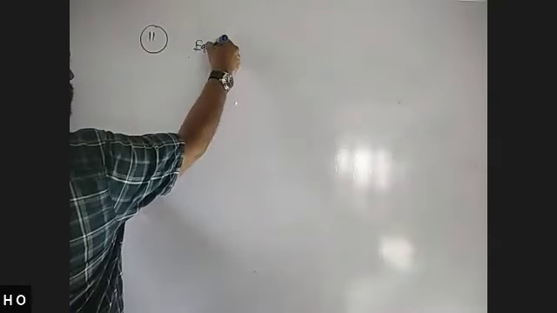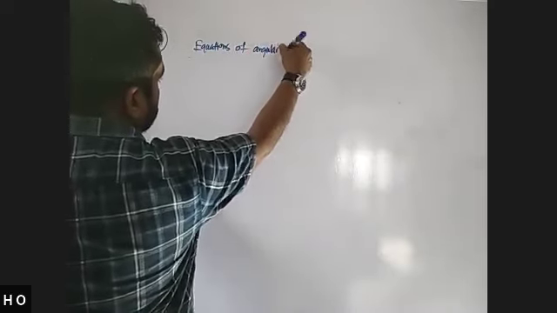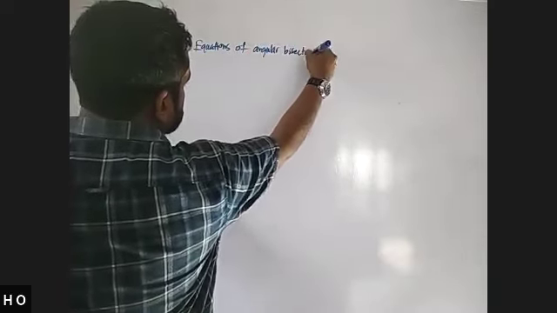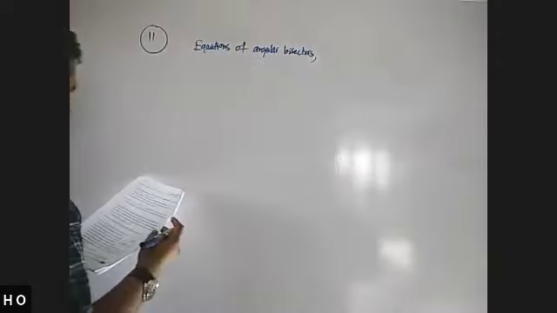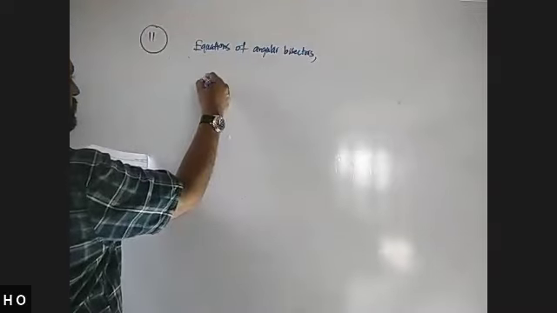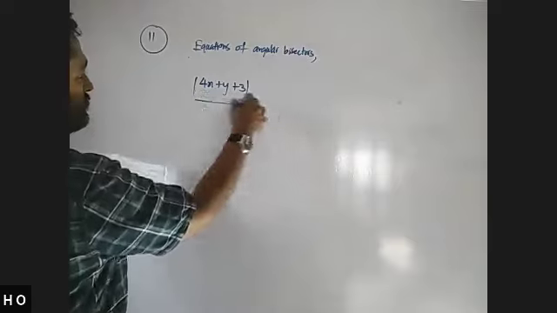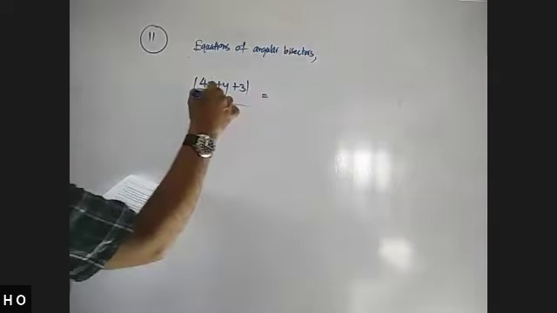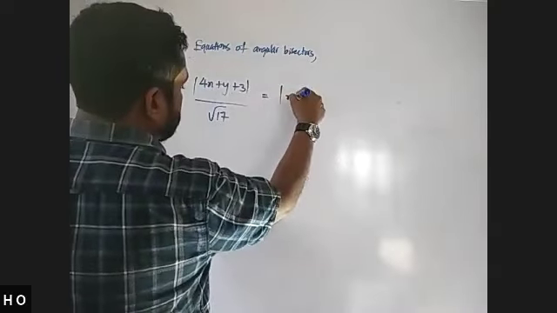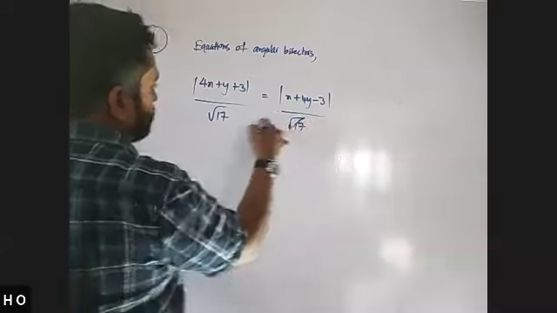So you can say, equations of the angular bisectors. How can we get those? |4x + y + 3|/root 17 = |x + 4y - 3|/root 17.